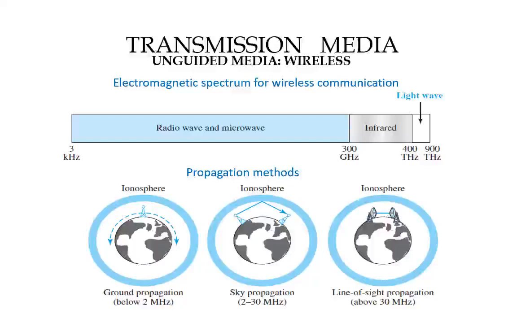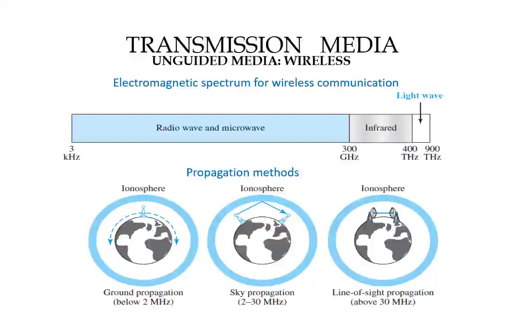We have the ionosphere, which is near the globe, in which we have tower connectivity and satellite connectivity and so on. By this we classify three types: ground propagation, sky propagation and line of sight propagation.